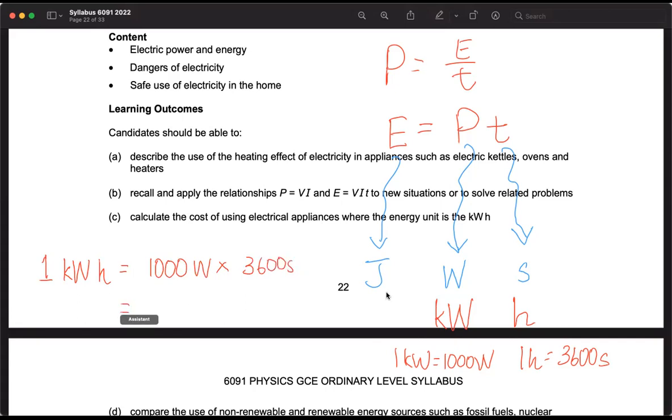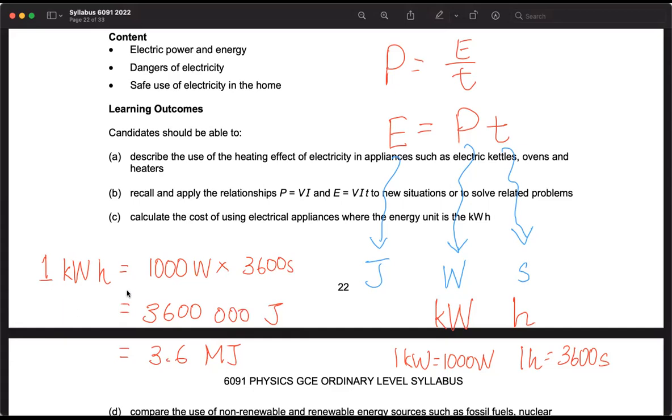So 1 kilowatt hour actually will give you 3,600,000 joule, which is the same as 3.6 megajoule. If you have a chance, ask your parents for your house electrical bill, and you will notice that the bill comes in the unit of kilowatt hour. And then you will see a cost.